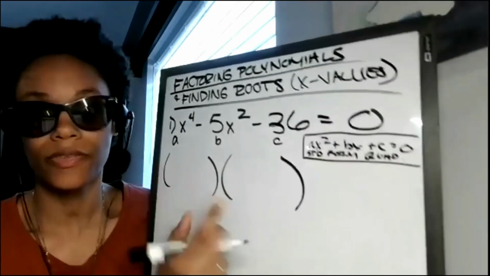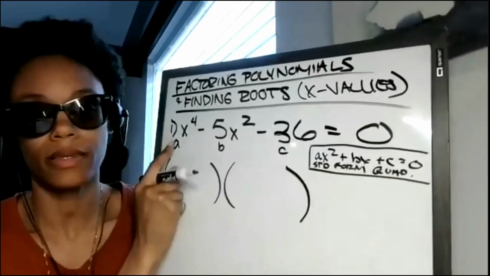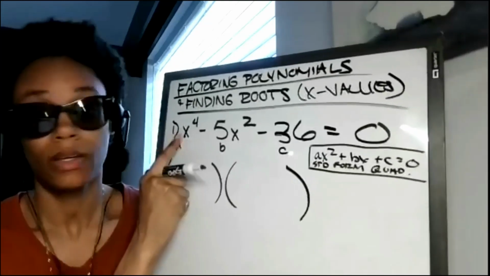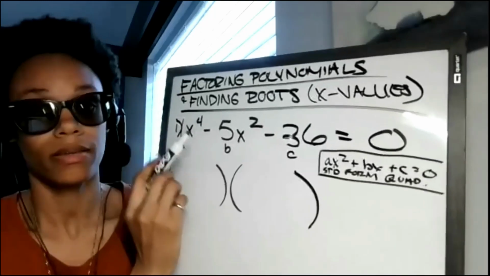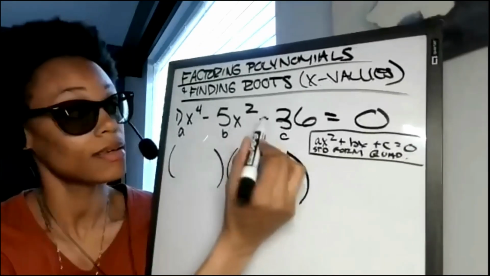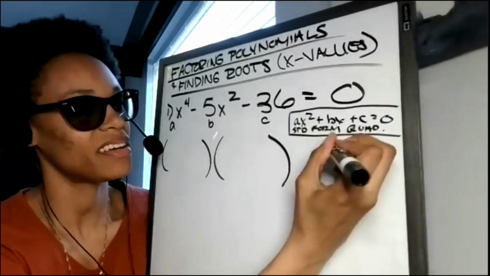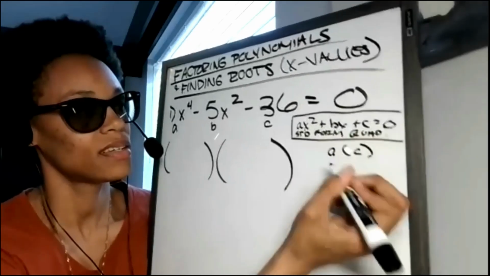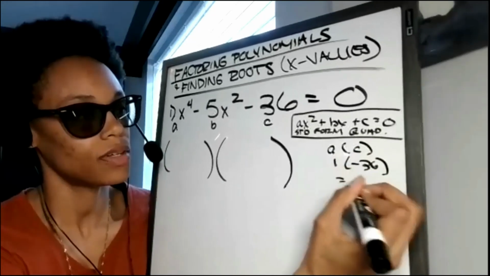So to get these two factors, I'm looking at A times C, and this A is referring to the coefficient on x to the 4, so it's referring to this 1 that we know is there. A times C, I include this negative sign with it. 1 times negative 36 is negative 36.